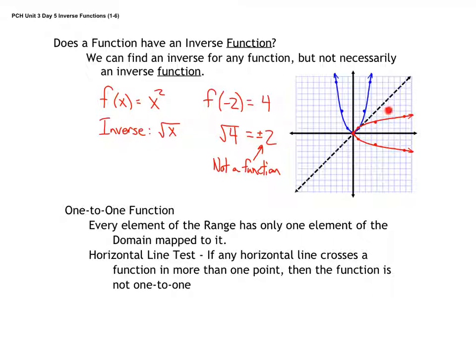Because if I can't pass a horizontal line through it and only hit it once, then when I flip it across the line y equals x, I'm going to have a vertical line that hits it more than once. So basically we're saying, why bother reflecting it in the first place if we know that it's going to end up getting hit twice?